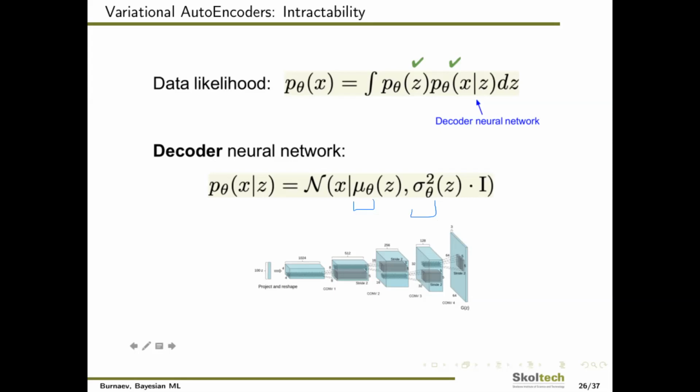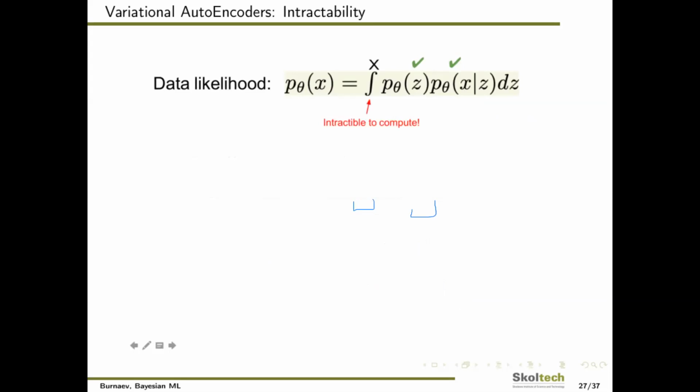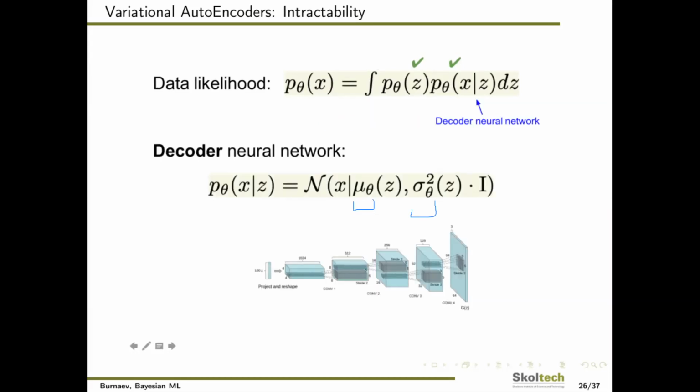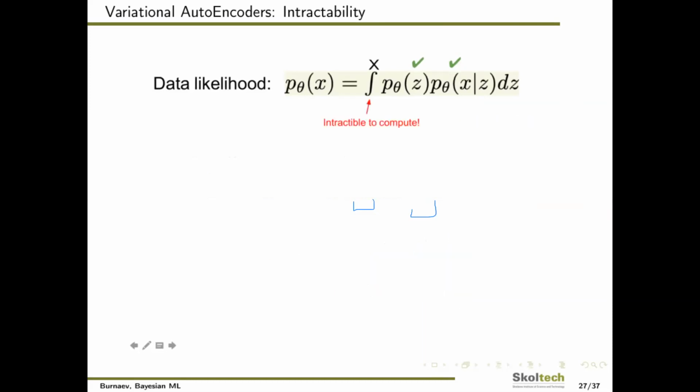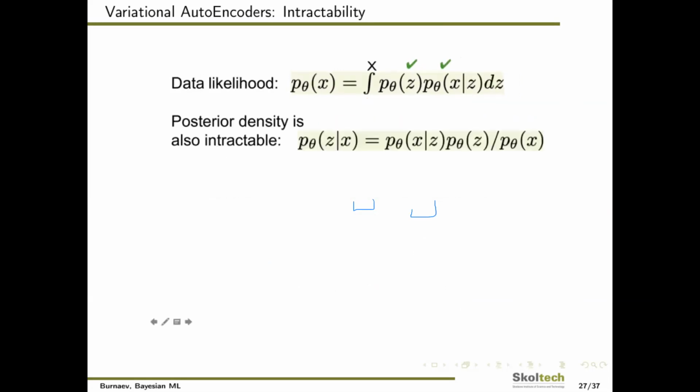Finally we have a Gaussian distribution related to X. But because mu and sigma are deep neural networks, we cannot explicitly calculate this integral, as we have these complex distributions.